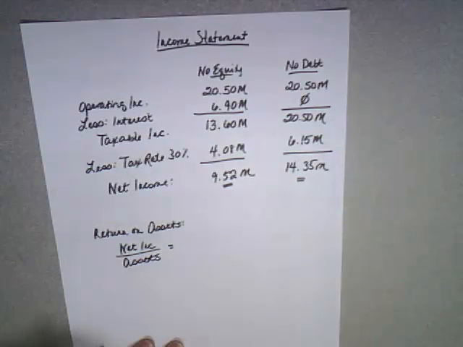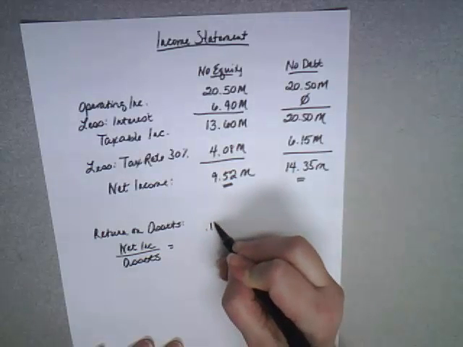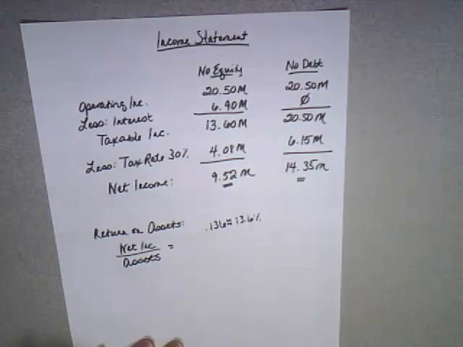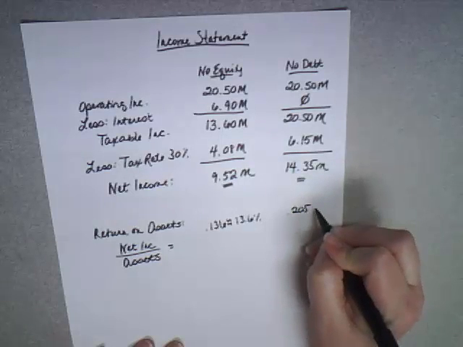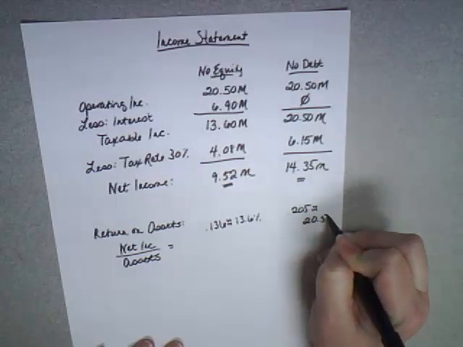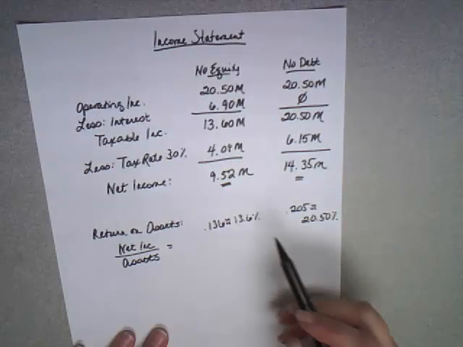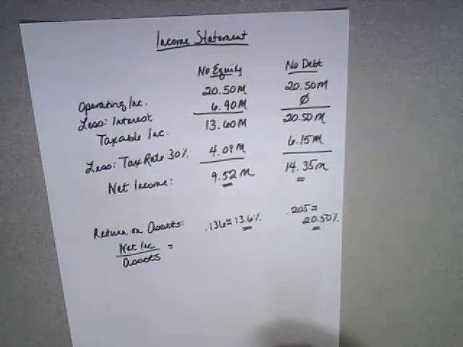So if we take 9.52 and we divide it by 70 million, we get a return on assets of 0.136, which is 13.6%. If we do the same thing with 14.35 million divided by 70 million, we end up with 0.205, which is about 20.5% return on assets. And so we're looking for this answer here and this answer here for problem number 3.